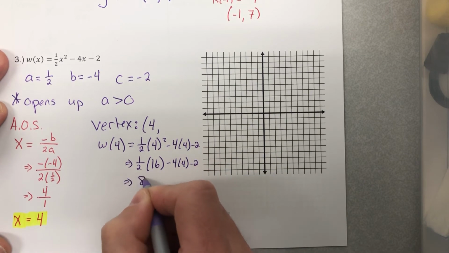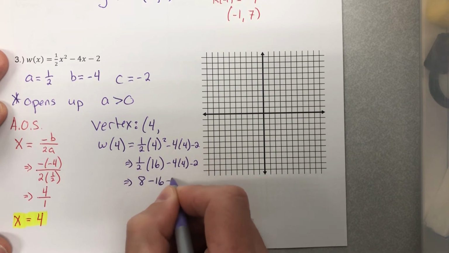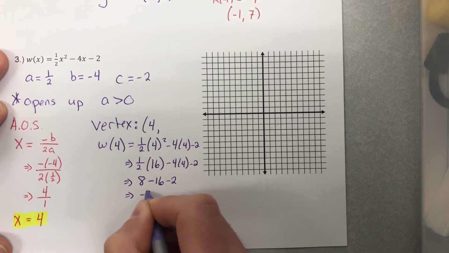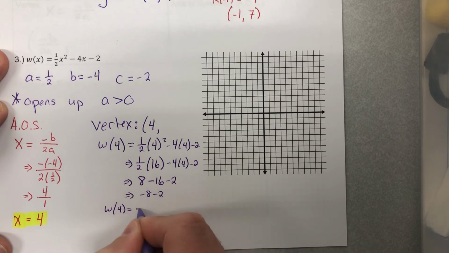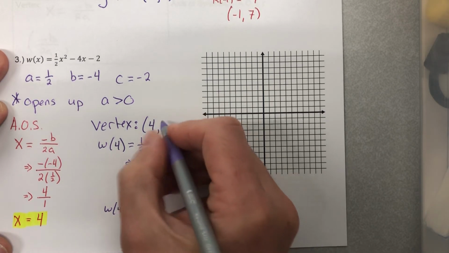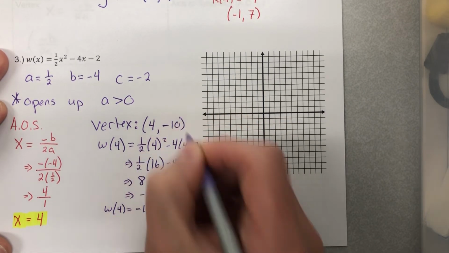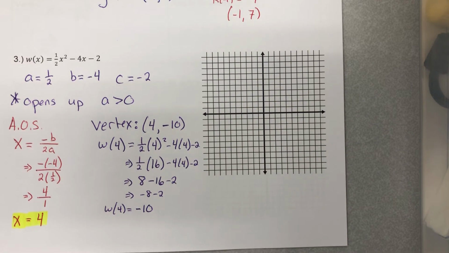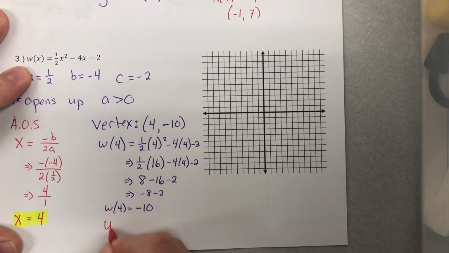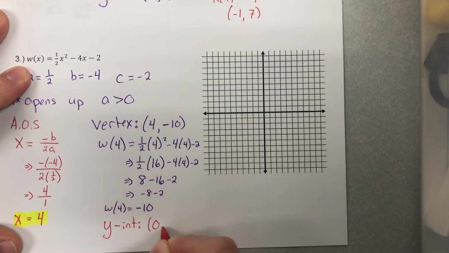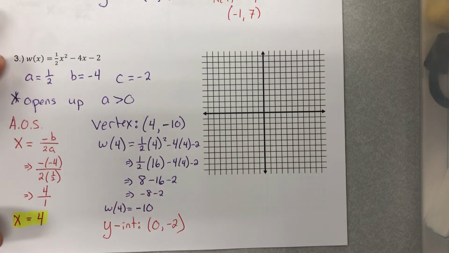So we would have 8 minus 16 minus 2. So we realize the y-coordinate of our vertex is -10. Okay. The other key point we can tell right away is our y-intercept. Our y-intercept is 0, -2.